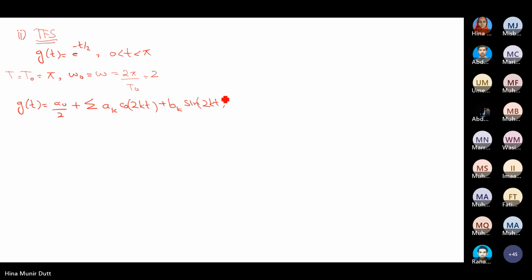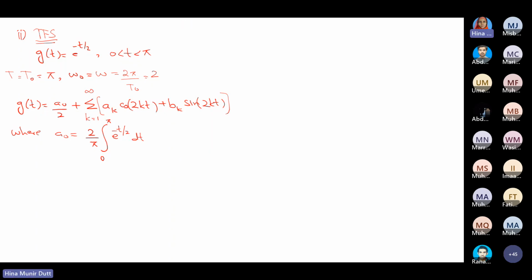This k is from 1 to infinity, where a naught is equal to 2 over T. T is pi, over its integration over its period, which is 0 to pi, and f of t, that is g of t, e to the power minus t over 2 and dt.